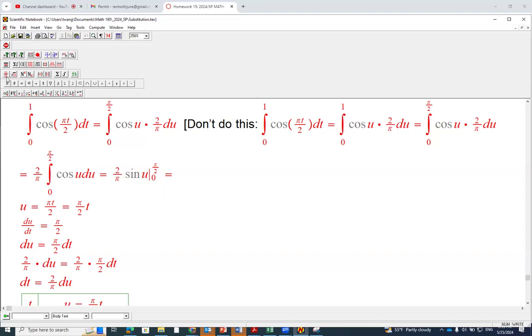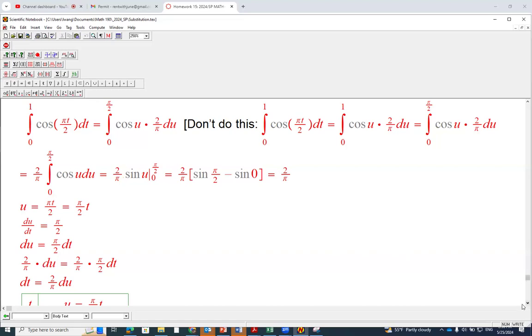So we have 2 over pi still. We're going to apply the fundamental theorem of calculus part 2. So it's sine pi over 2 subtracting sine of 0. Sine 0 is 0. Sine pi over 2 is 1. The final answer is 2 over pi. Finished.